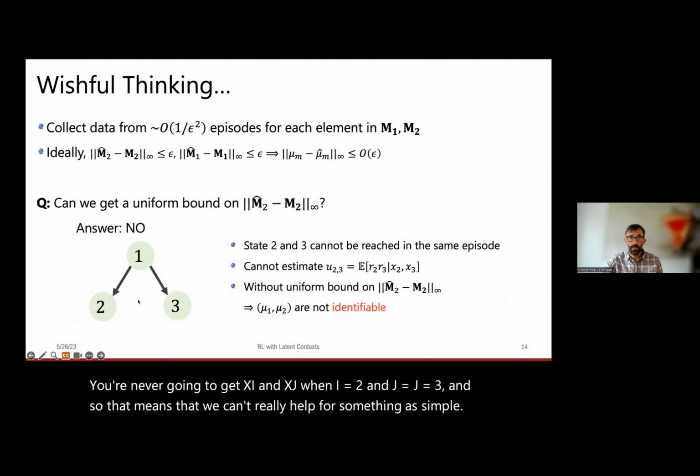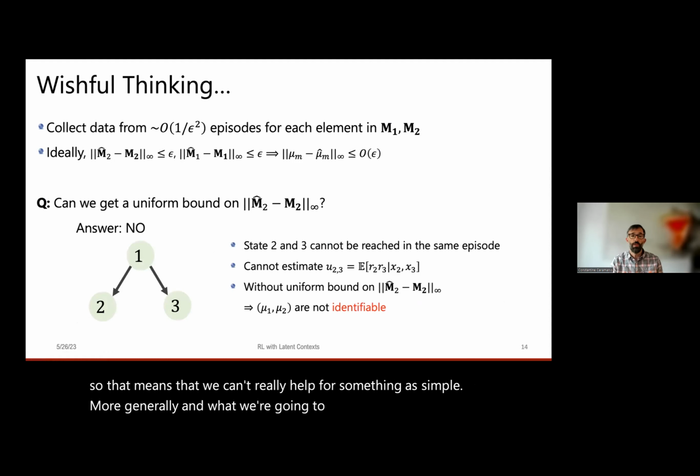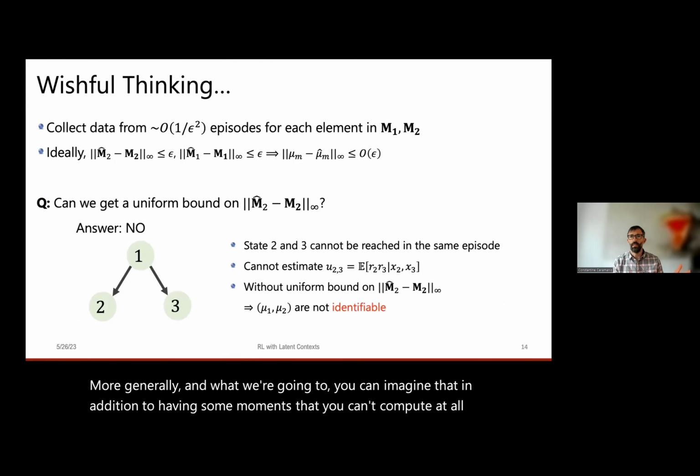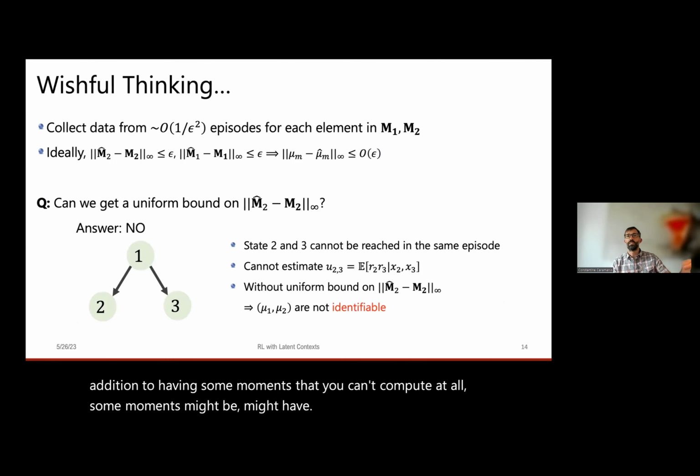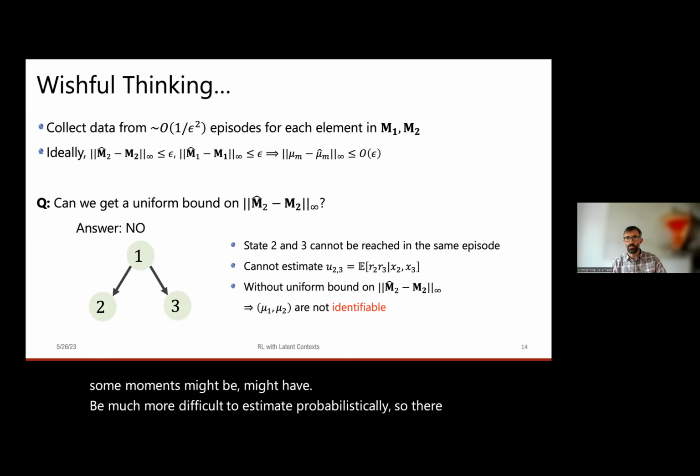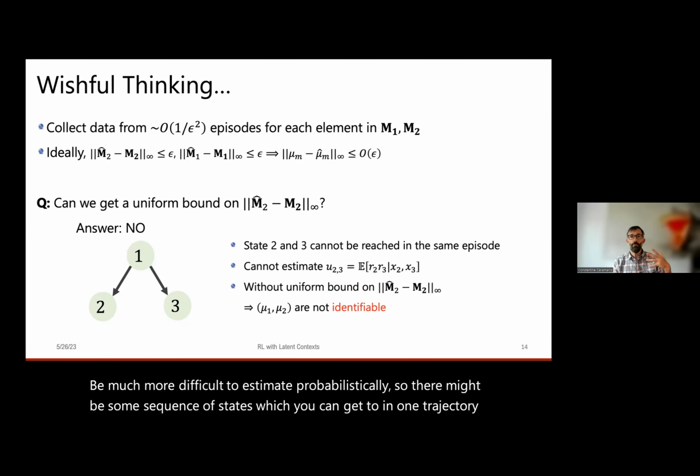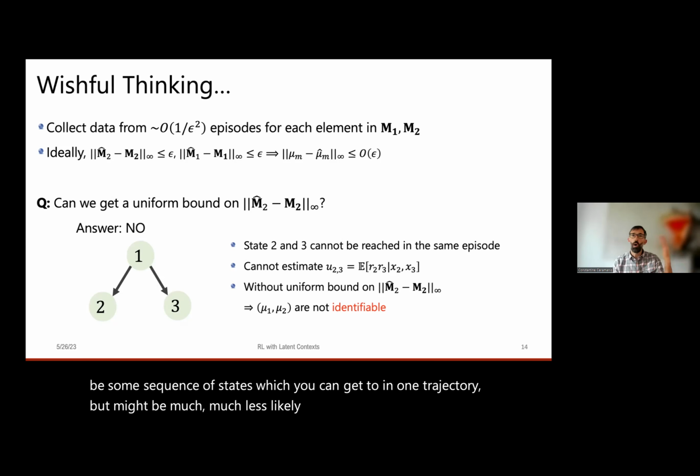More generally, you can imagine that in addition to having some moments that you can't compute at all, some moments might be much more difficult to estimate probabilistically. So there might be some sequence of states which you can get to in one trajectory, but might be much, much less likely, no matter what you do, no matter what policy you take, than other states.